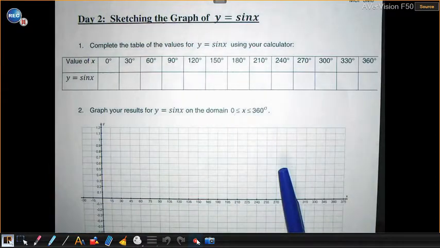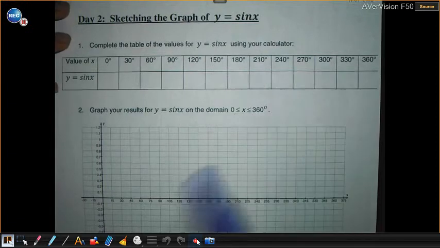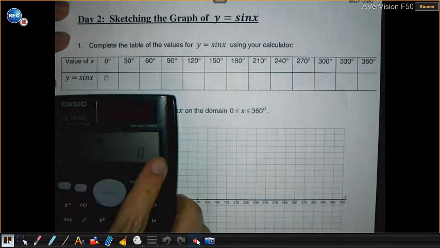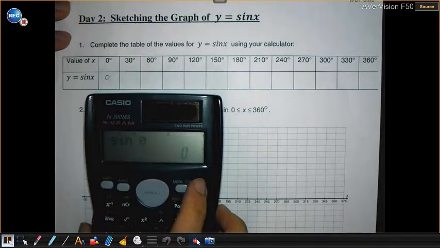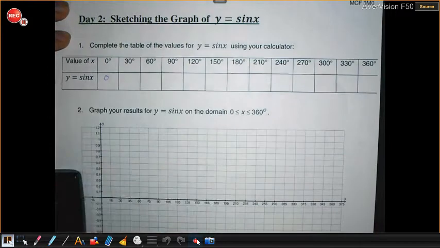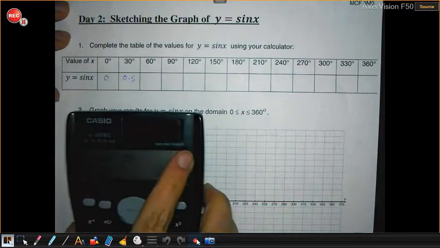Okay. All right, so sine 0, you get 0. Sine 30, 0.5. You keep going.